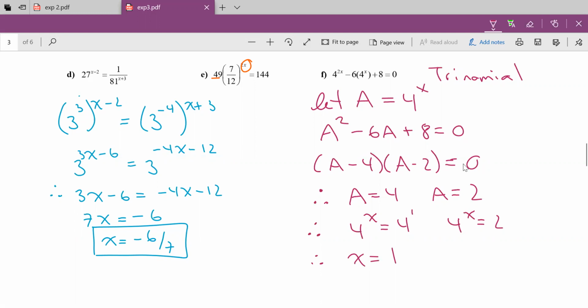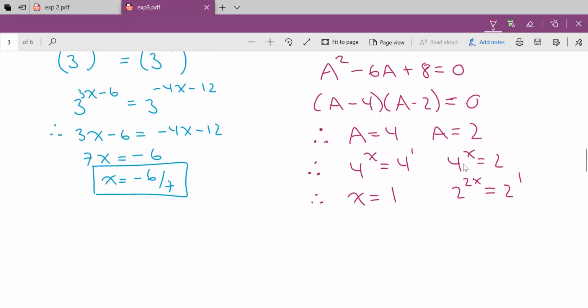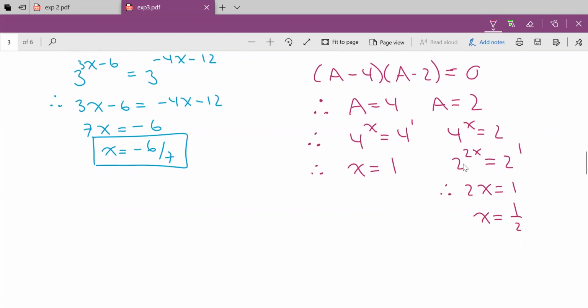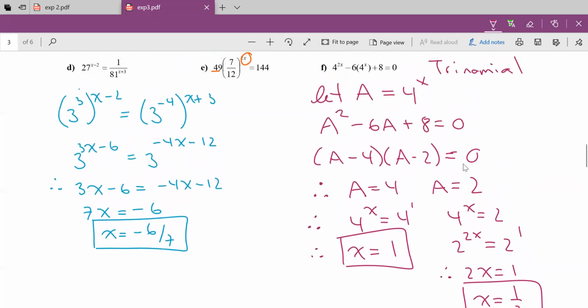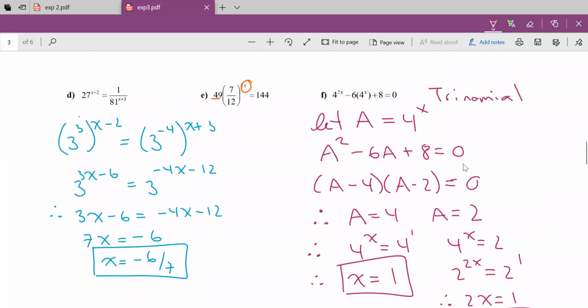And this one here, well, I'm going to make these bases the same, right? 4 is 2 to the exponent x. Bases are the same, therefore the exponents are equal. Therefore, x is a half. And guess what? There's our answers.